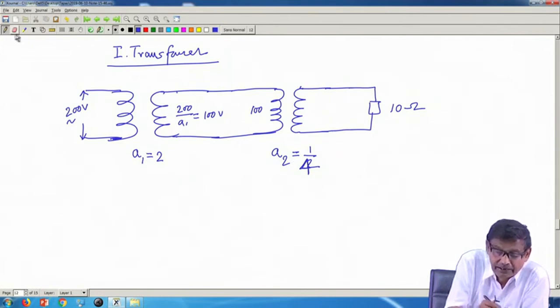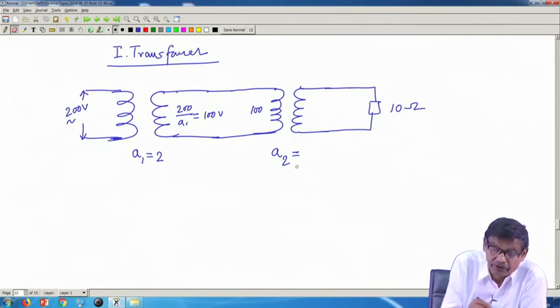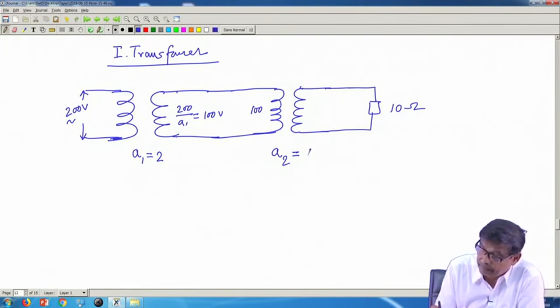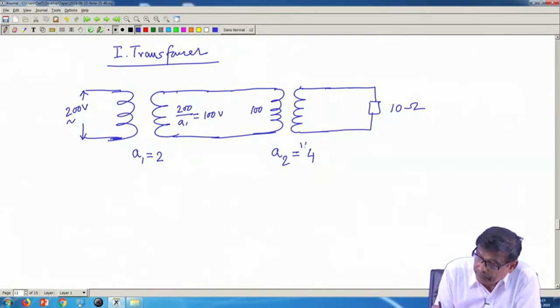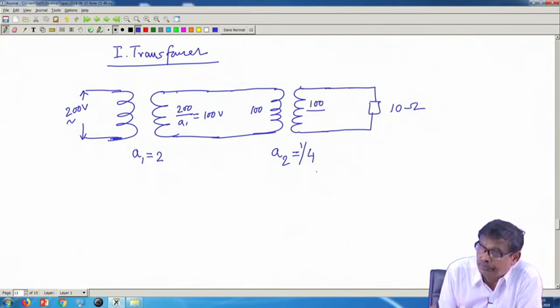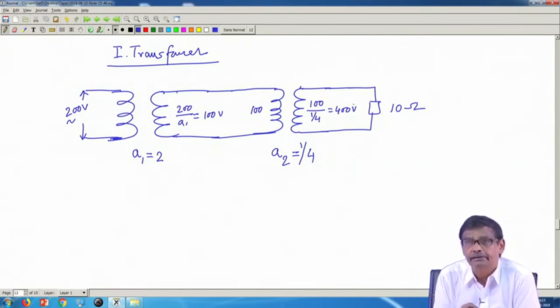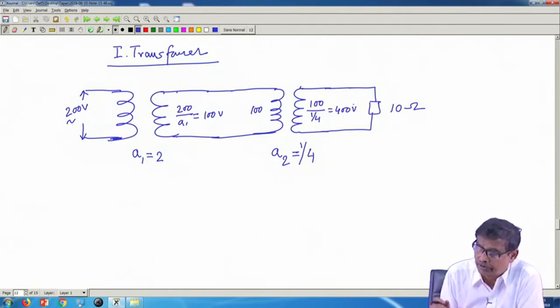This transformer is having a turns ratio of 1 by 4. What will be the voltage here? It will be 100 by A2, 1 by 4. It will become 400 volt. If I make any mistake, please point me out through your mails.